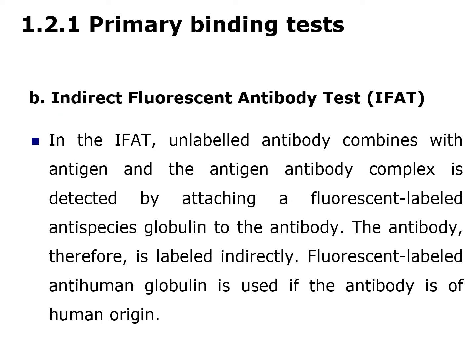Okay, for the indirect fluorescence antibody tests, or IFAT, the unlabeled antibody, take note, unlabeled, is allowed to combine with the antigen, forming a complex. And then the next step is to add another antibody, a second antibody, that is specific to the first antibody. And this second antibody is labeled with fluorescent substance.